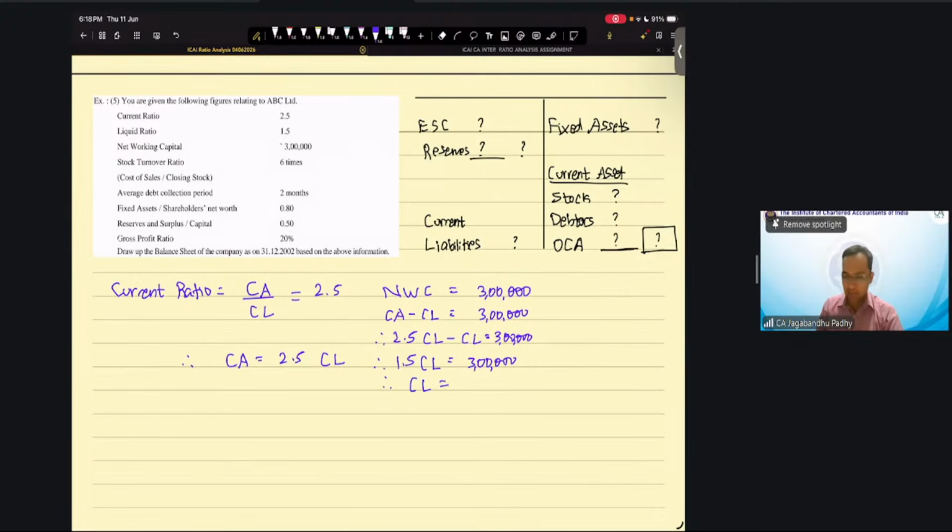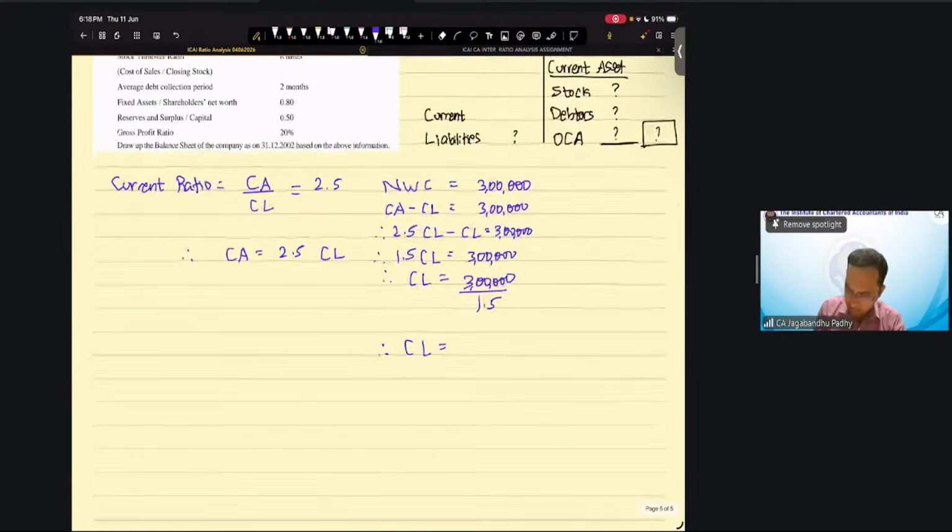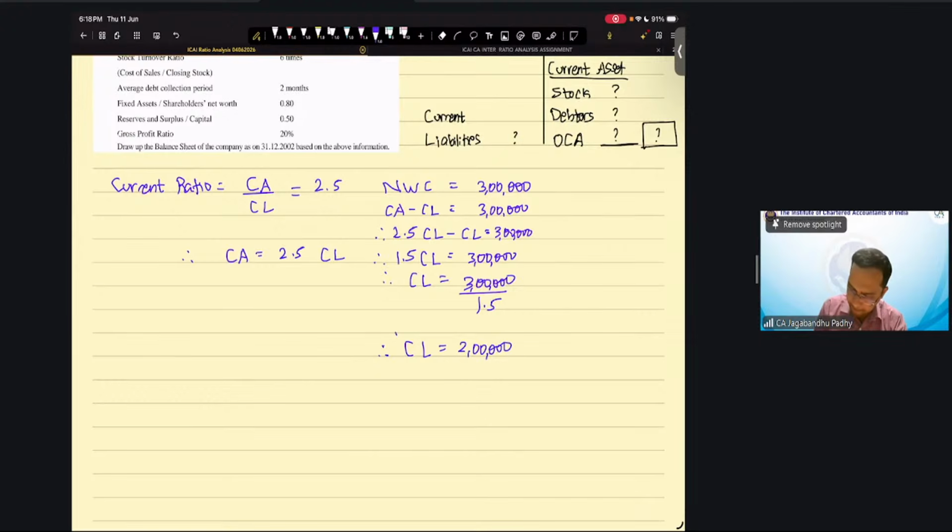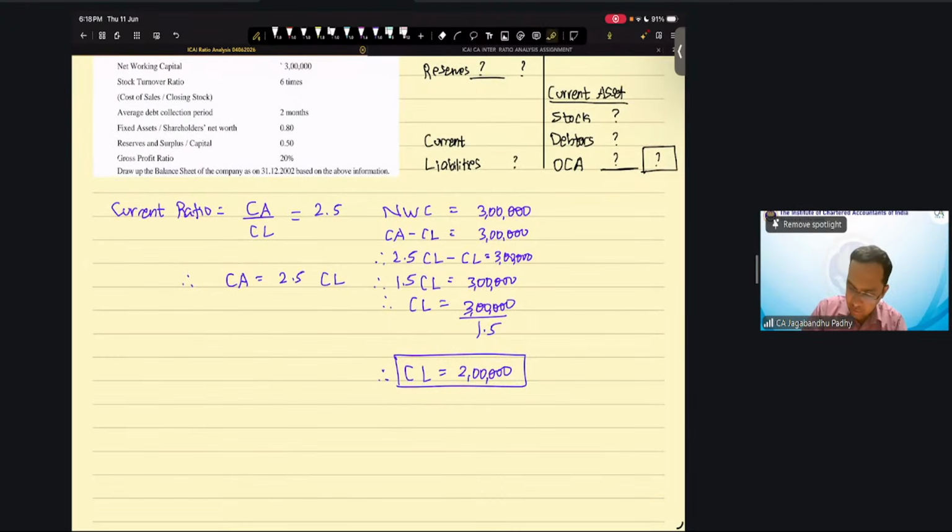And definitely the current liabilities figure comes out to be 3 lakh divided by 1.5, which gives us the current liabilities amount of 2 lakh. So now we have the value of current liabilities available to us, which is 2 lakh.